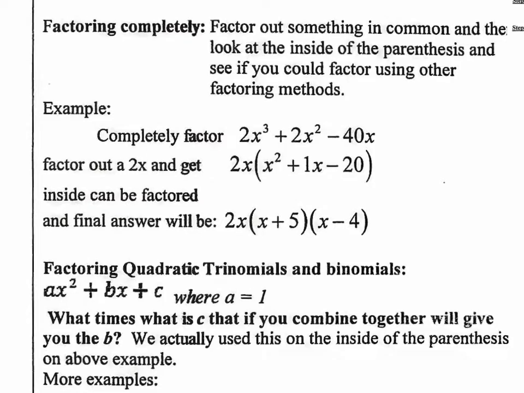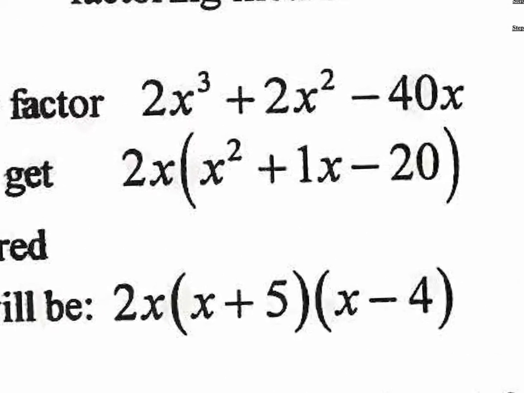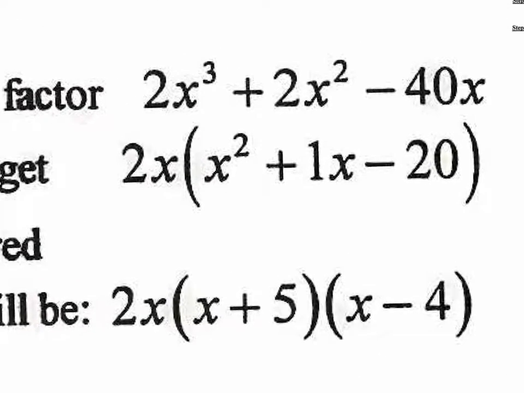So, for example, right here, I give you an example where we pull out the GCF from all three terms, which is a 2x. And on the inside, you have left over x squared plus 1x minus 20. So let me underline that in blue. As you can see, the a value is 1, so it's really easy to continue factoring, right?